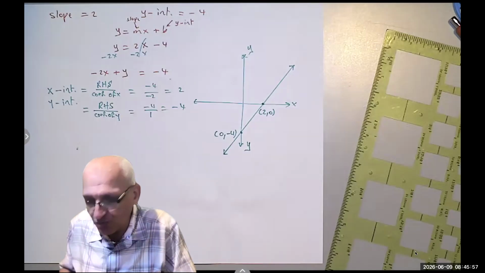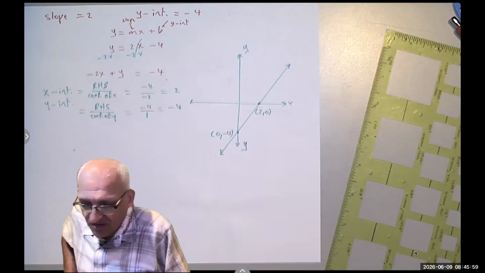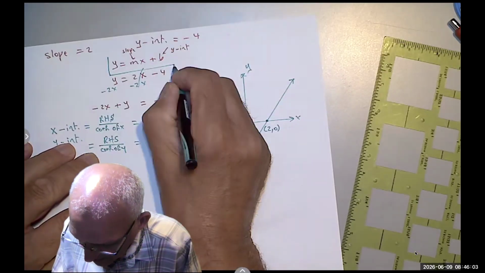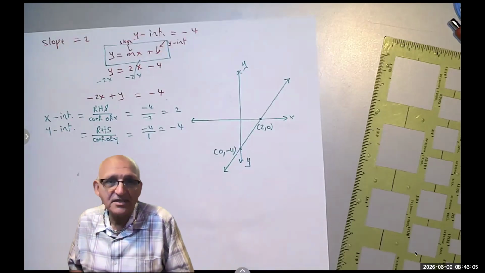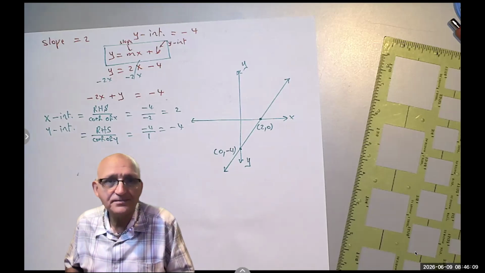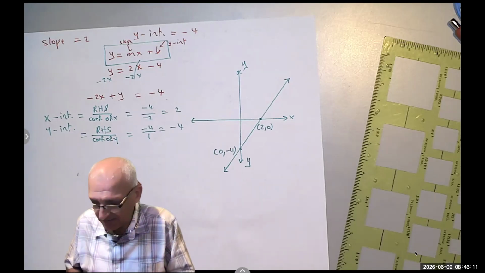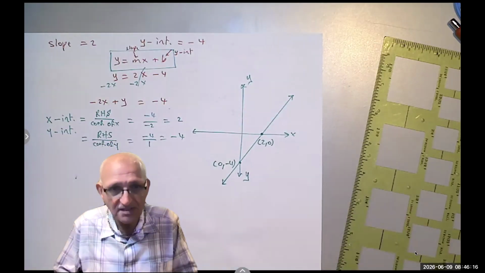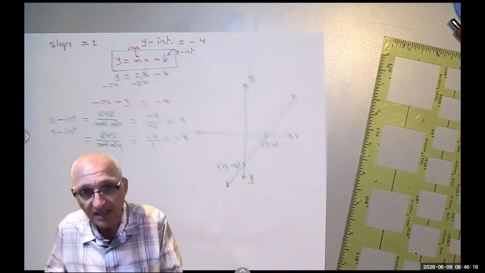I don't have to make it look like y equals mx plus b, which I've seen students always try to do, and then draw it. No, you don't have to. Sometimes you can find the x and y intercepts quite easily and then plot the line.